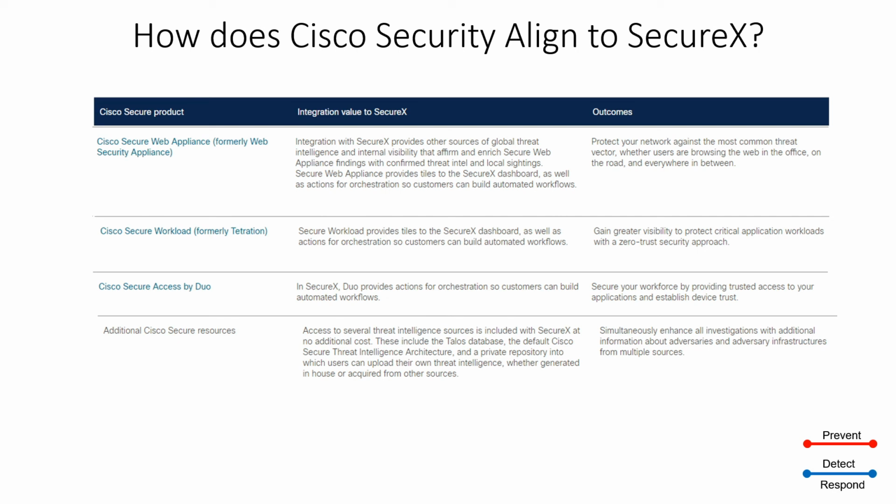Maybe you only have Umbrella for DNS layer protection. You still get SecureX. These are all products that allow you to consume SecureX and that threat response capability at no charge. And you can feel free to integrate some of your existing investments as well.